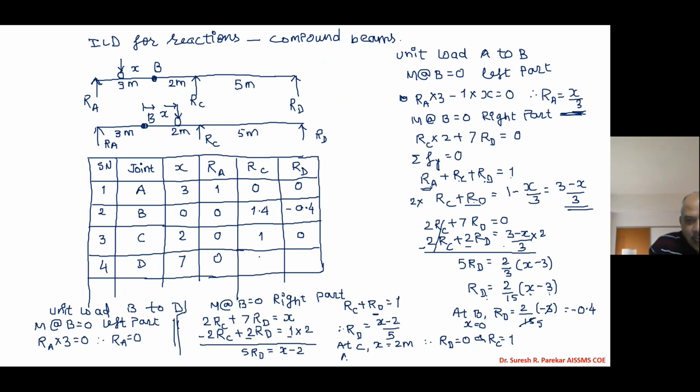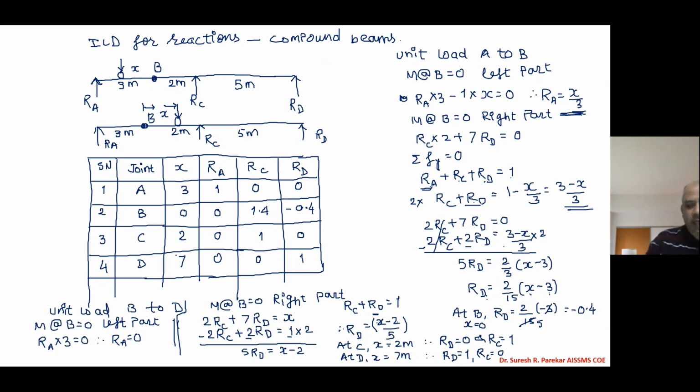Now at D we have X equal to 7 meters, and therefore we get 7 minus 2, 5 by 5. Therefore RD is 1. If RD is 1, then we will get RC 0. So at point D, RC is 0 and RD is 1.